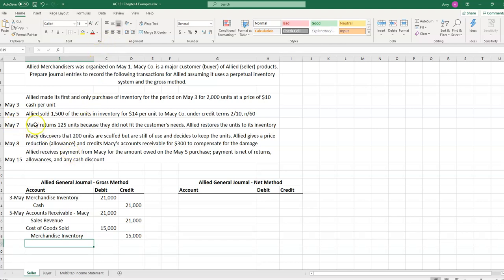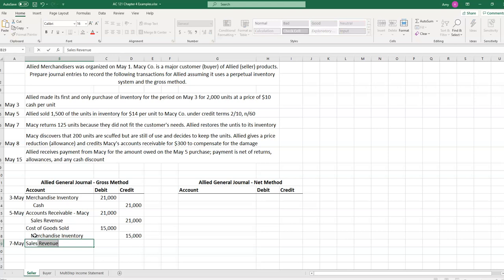On May 7th, the company returns 125 units because they did not fit the customer's needs. We're able to put these units back into our inventory. So they returned some of the inventory. We need to reduce their accounts receivable, and we need to restore 125 units into our inventory. So first we're going to reduce the accounts receivable.